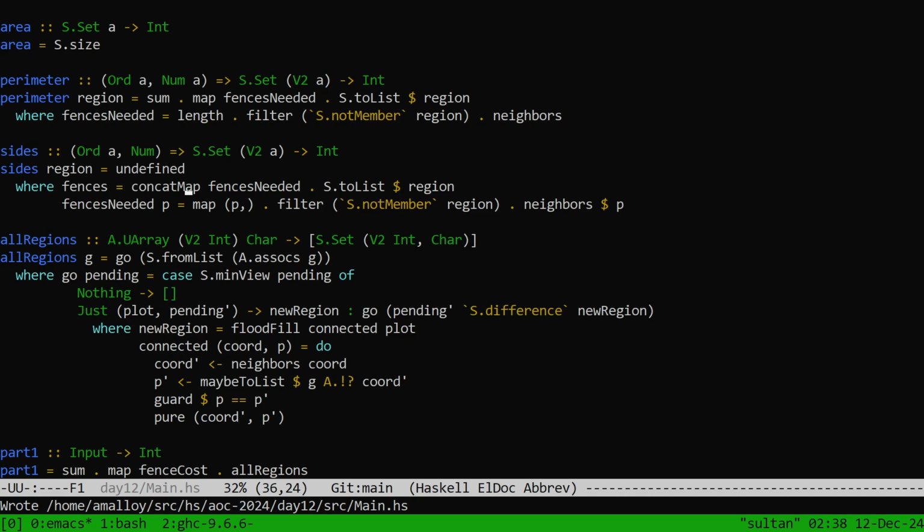Because each cell will define up to one place that it needs a fence. And once it's done that, I don't really care which cell said it needs a fence there. So I can just merge all of the lists returned by fences needed into a single list, and then do some processing on that.